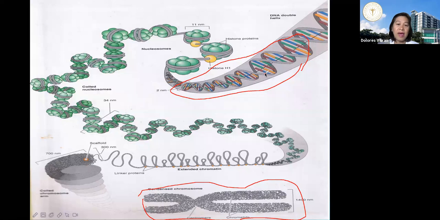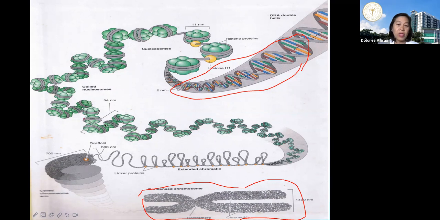Okay, and then as you can see, this DNA molecule coils around a protein. Okay, and these are the histone proteins. Histone proteins primarily function in packaging of the DNA molecule. So the DNA molecule coils around the histone, and then this will further coil.